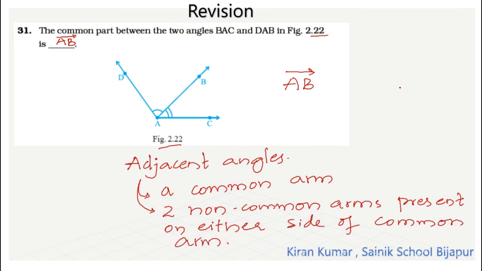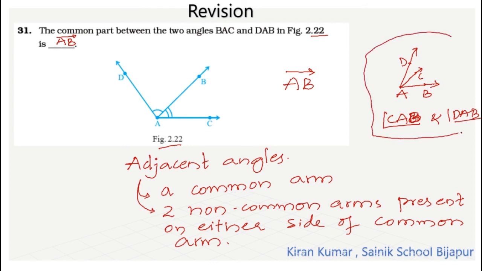Suppose if I ask a question, if I draw this figure, I'll mention the angles here, ABCD, angle CAB and angle DAB, can I say that they are adjacent? These two angles, they are not adjacent.